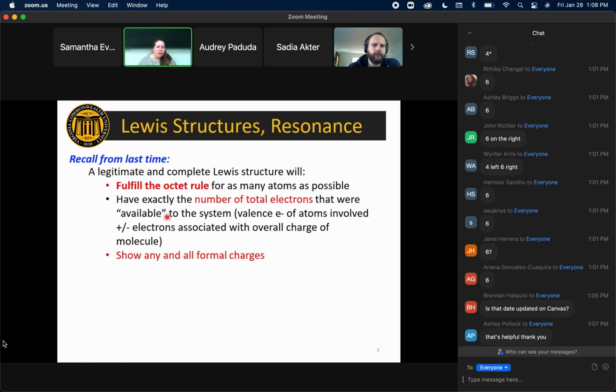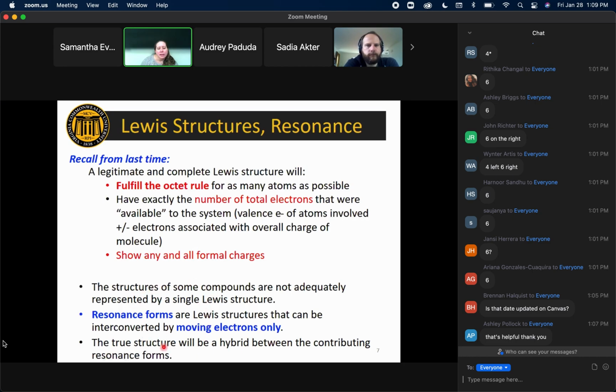And also, we know that a complete Lewis structure has to show all formal charges that are non-zero. I get a little sloppy in writing it on the slide, but any formal charge that is not a zero needs to be shown on that molecule.